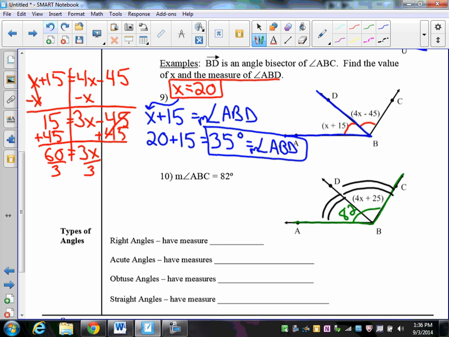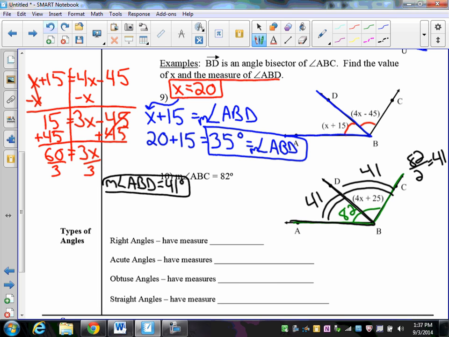So 82 divided by 2, I'll do a little side work here, is 41. So that means both of those angles are 41. So we already have angle ABD, don't we? Angle ABD is 41. So the measure of angle ABD is equal to 41 degrees.